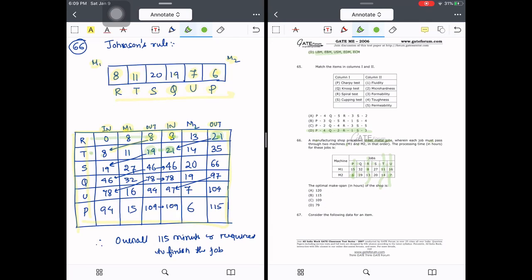So machine 2 can take the T job only at the 21st hour, when it finishes the first job. Then machine 2 will work for 14 hours, and after that it will finish the T job.